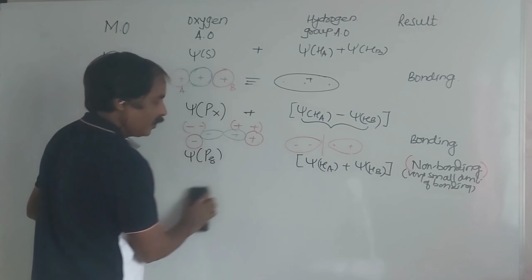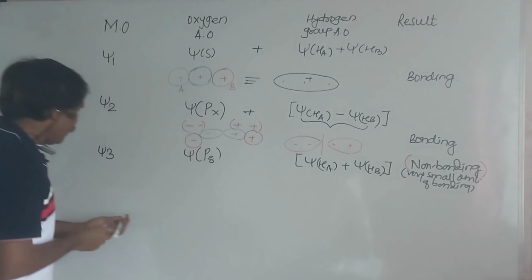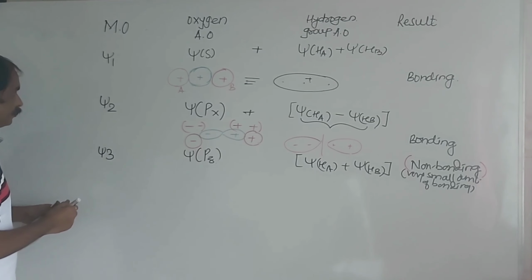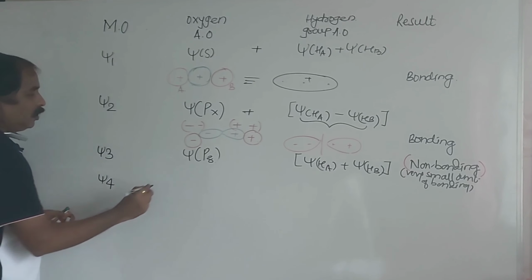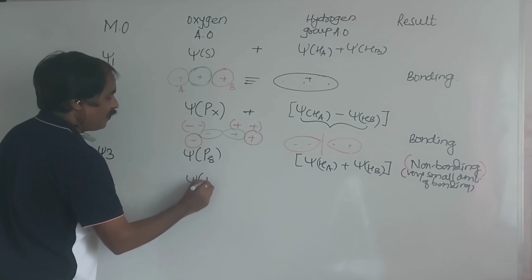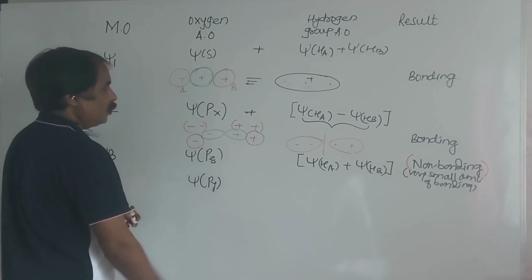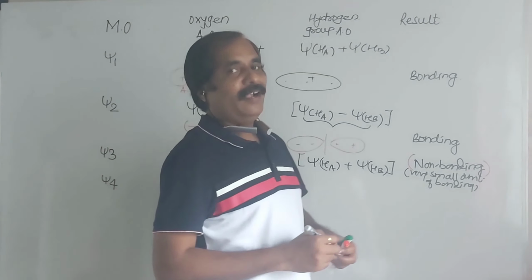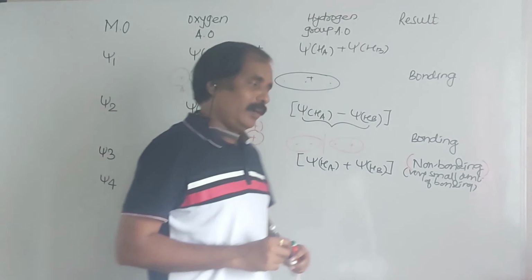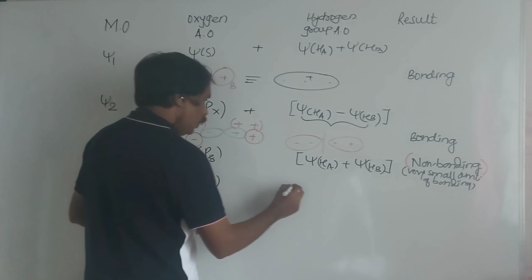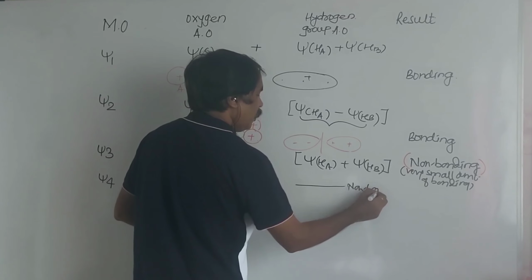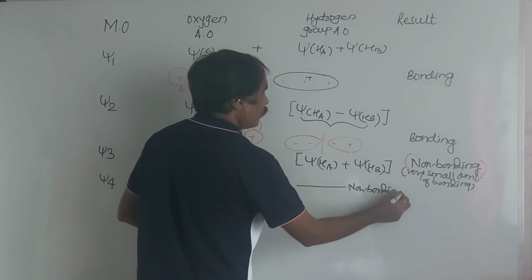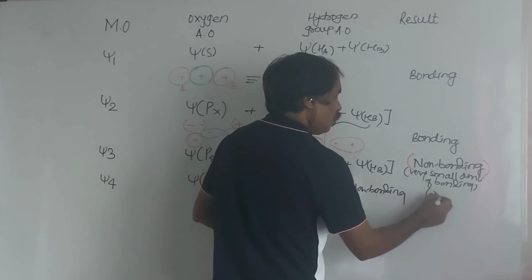Next molecular orbital, that is psi4. I will take here the wave function of py. Remember, it is exactly perpendicular to the internuclear axis, so it remains as it is. Yani, there is no addition, so it will be non-bonding only. So the result is non-bonding.